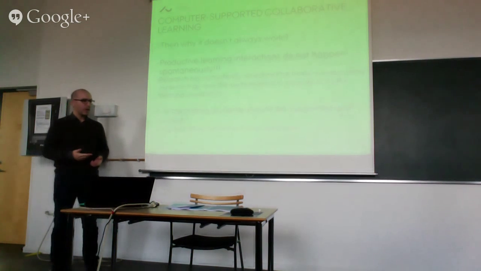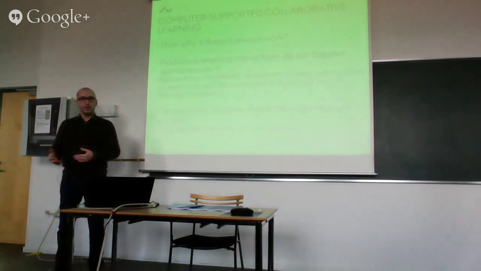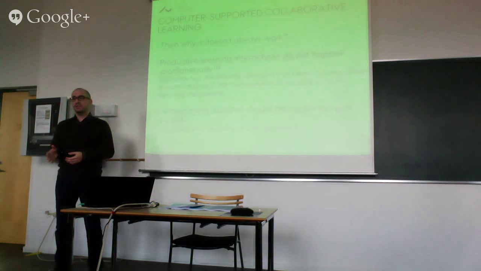So one reason why this happens is because the student does not know how to collaborate, because he has not been trained to do that. And you can expect different types of collaboration.